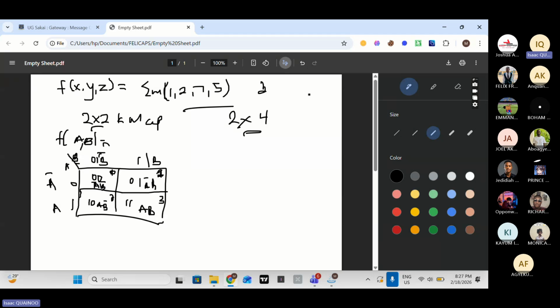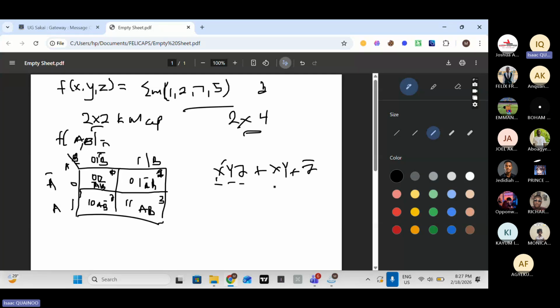So if you have the function x bar y z all plus x y plus, let's say, z bar, okay, this is a simple function. To be able to know the number of cells that you need to address this function in a K-map, you just have to ask yourself, how many variables are here?